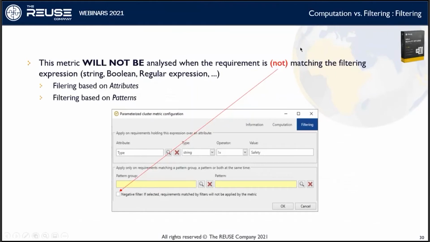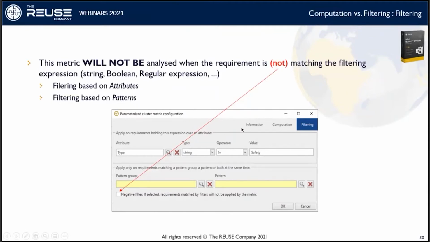Then another feature that is very important and that often brings a little bit of confusion when you don't actually master it is the difference between computation and filtering. So we have 2 tabs here in the metric configuration that are very important. The first one is the information of the metric.